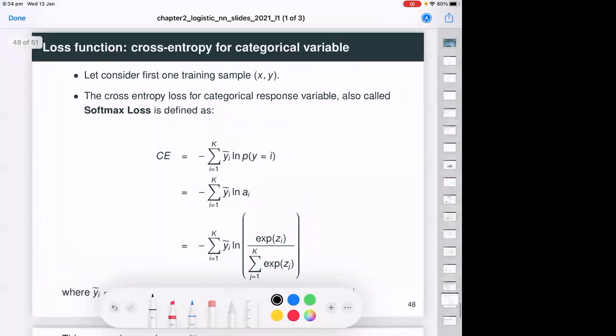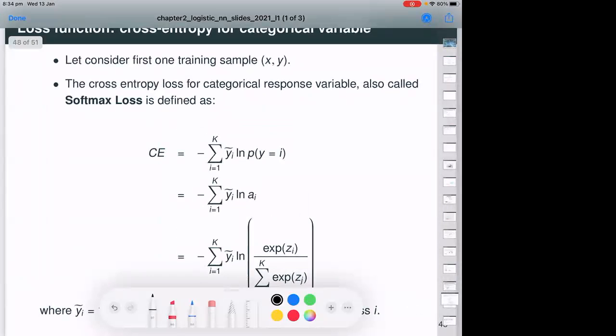Okay, cross entropy. We use the cross entropy also for softmax, but it's a cross entropy for a categorical response. So the cross entropy is given there. It's similar to the cross entropy for the binary case. But be careful, I have this notation which is important, n_d.